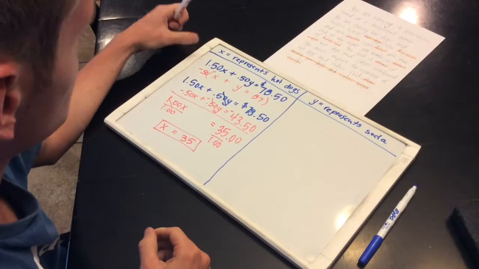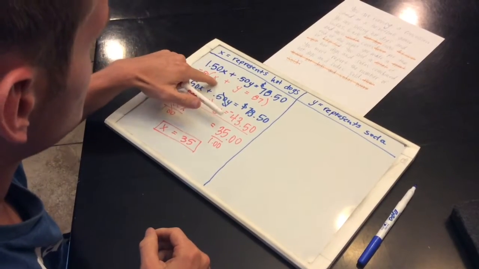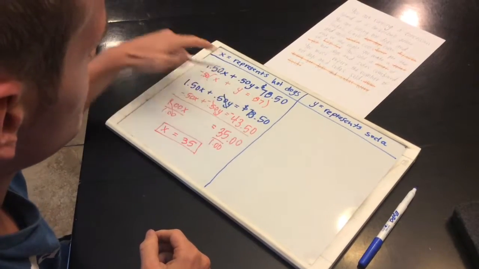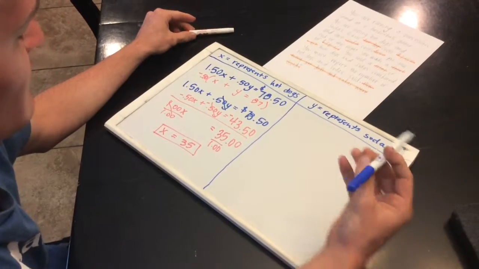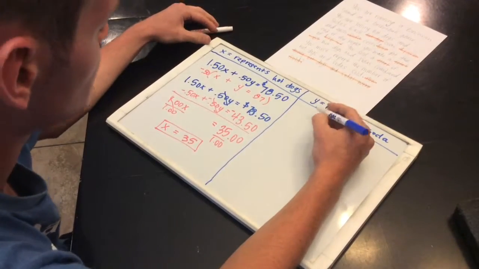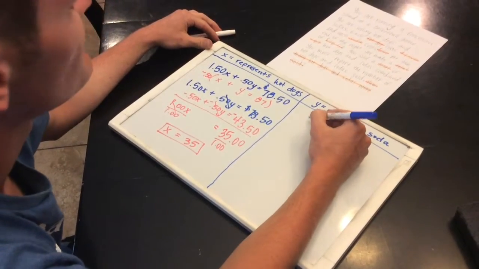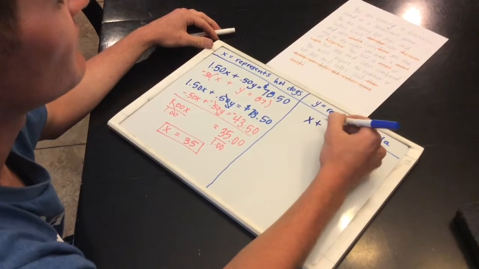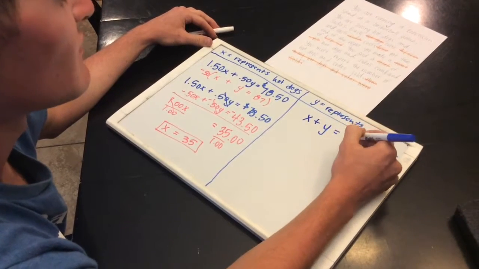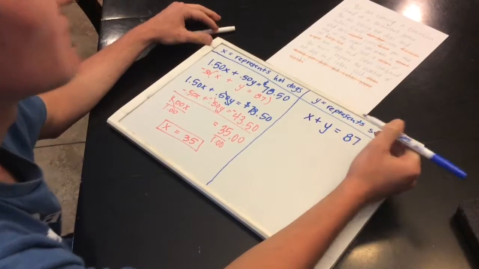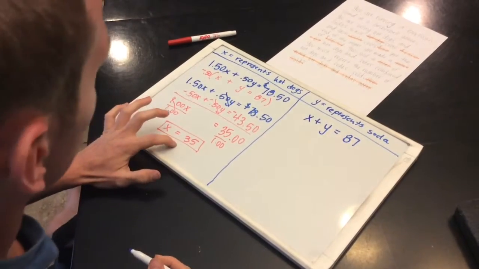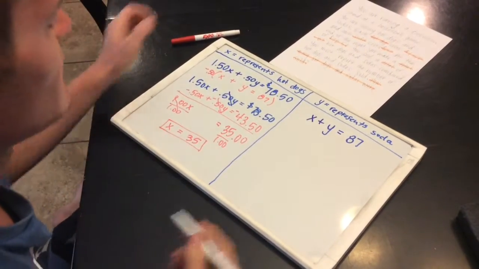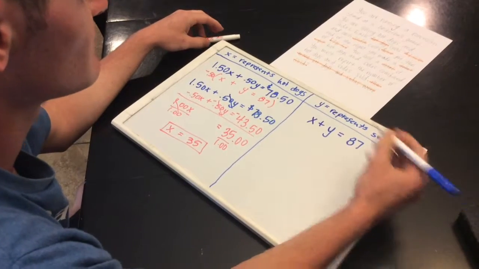We can take the original equation of x plus y equals 87 to solve for y. So we'll just start writing that over here. So x plus y equals 87. And we know from solving here that x equals 35.